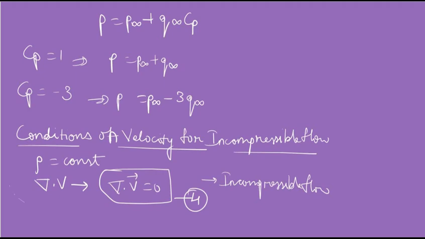So for an incompressible flow, what is this term called? The divergence of velocity. I can say that the divergence of velocity is 0. There is one more method by which we can come to this conclusion. How? By using the continuity equation. So if I take the continuity equation, that is dou rho by dou t plus divergence of rho V equal to 0.